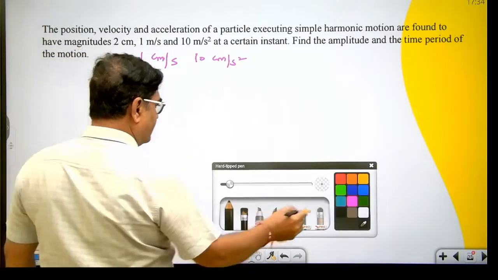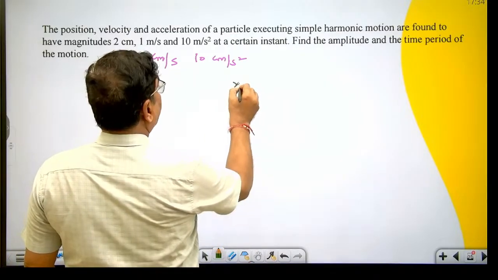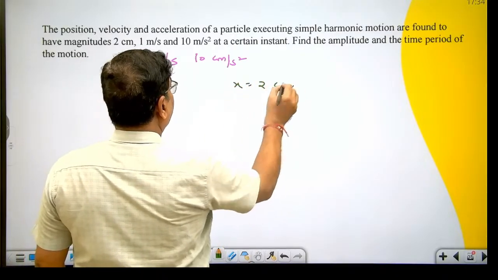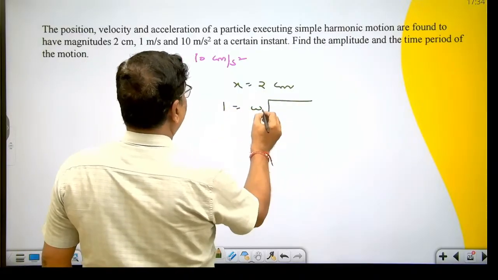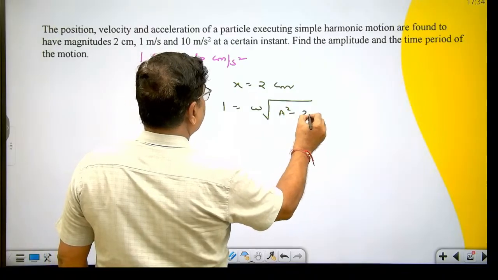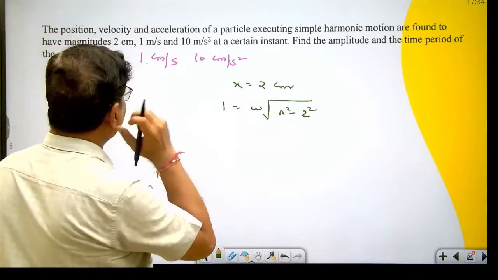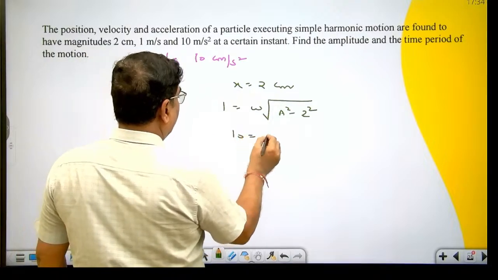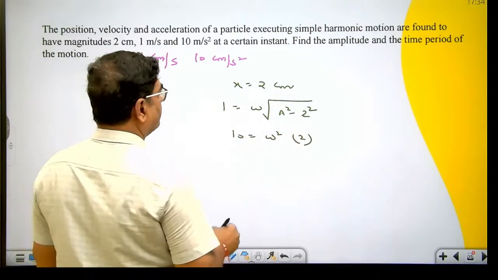If we correct these values, then at x equal to 2 centimeter, V equals omega root A square minus x square, so 1 equals omega root A square minus x square. Acceleration is given: 10 equals omega square into x. So from here we can find omega.